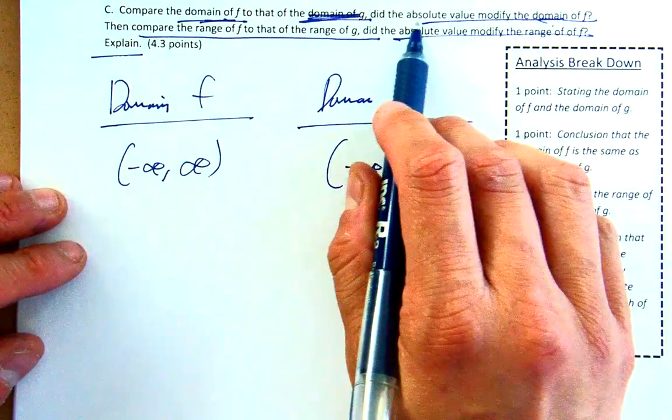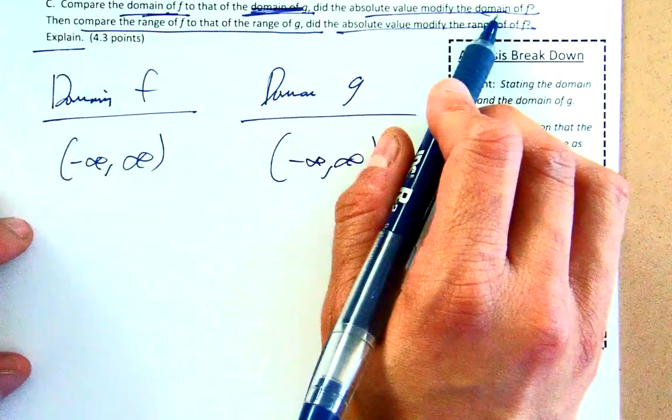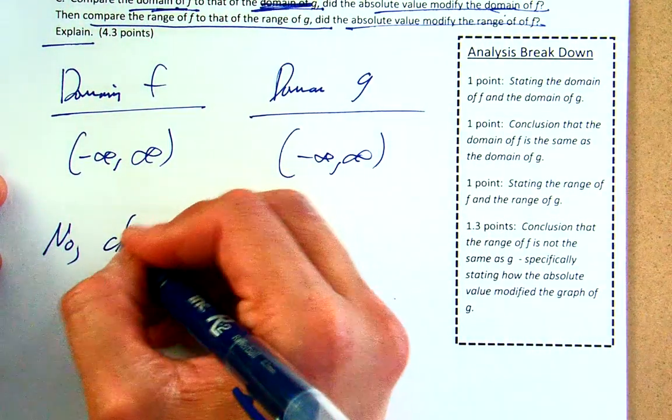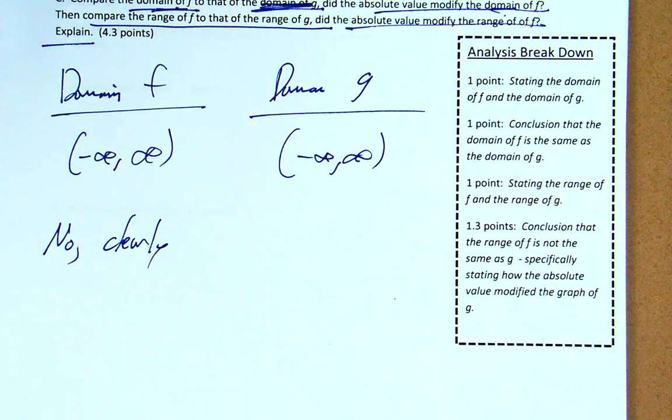And question. Now did the absolute value modify the domain? No. And you have to answer the question. You would say no. Clearly, when you say clearly, that's a polite way of saying no duh.